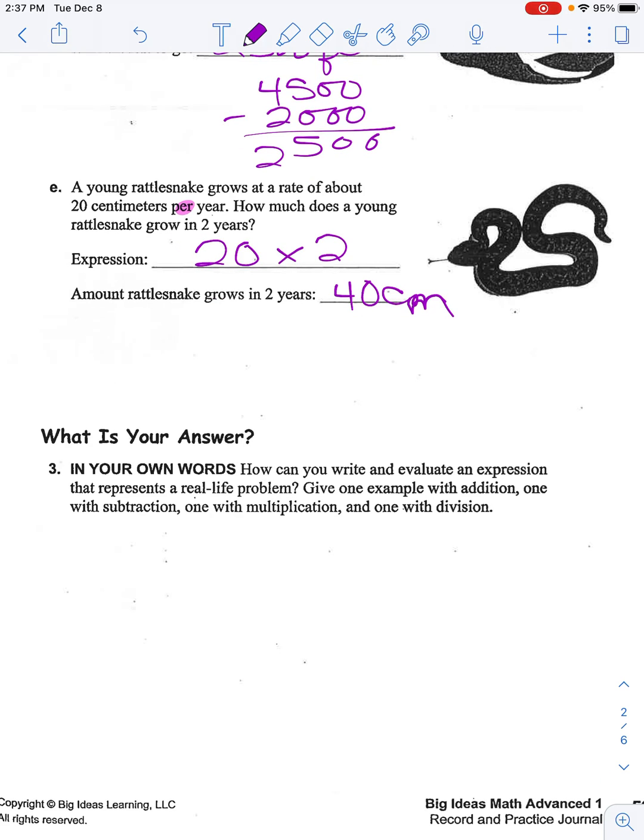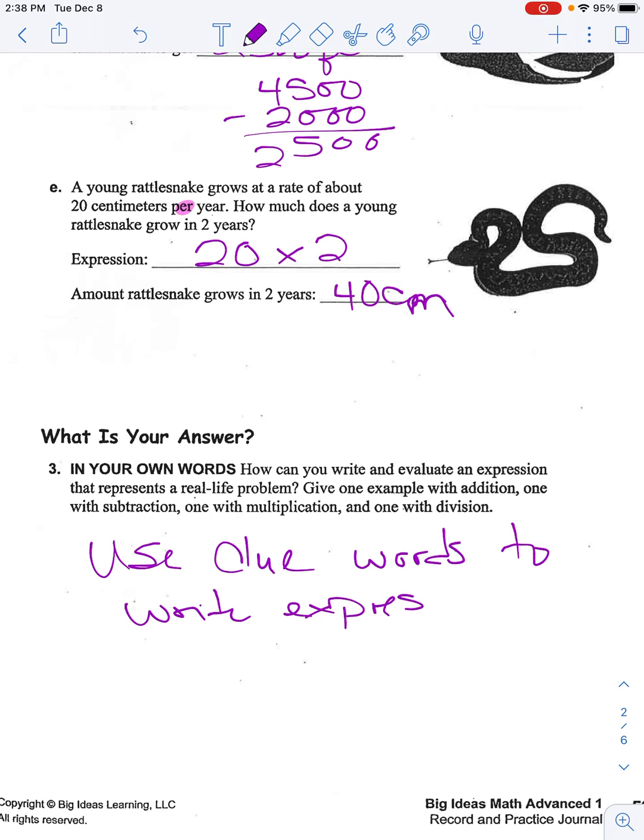Okay. In your own words, how can you write and evaluate an expression that represents a real life problem? Okay. Guys, we're going to put here, use clue words to write expression and solve.